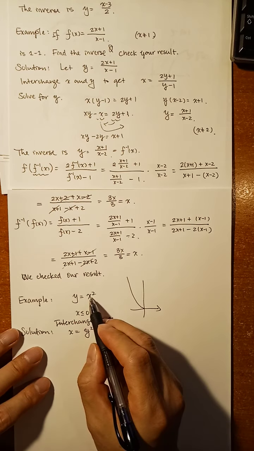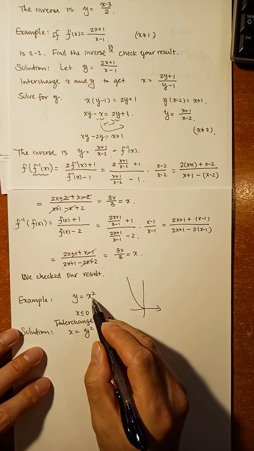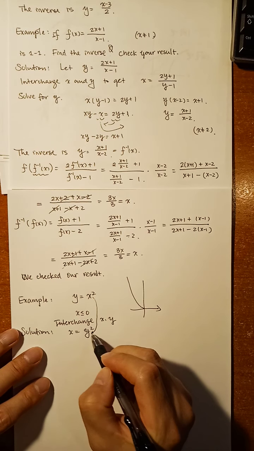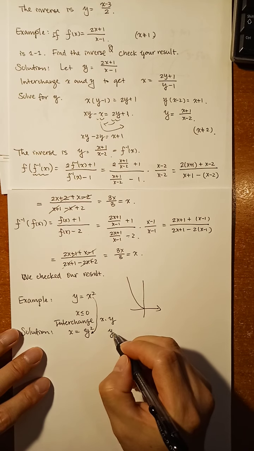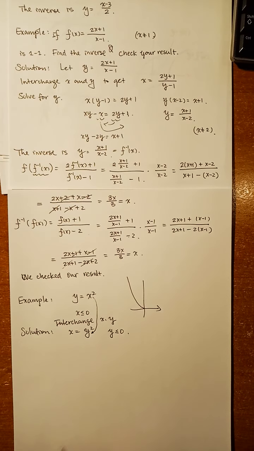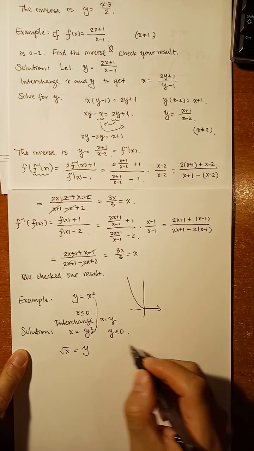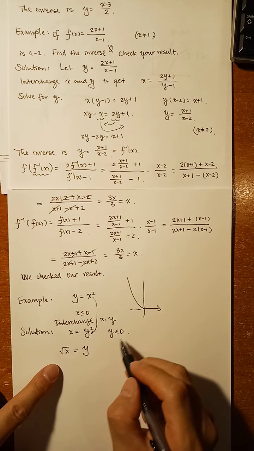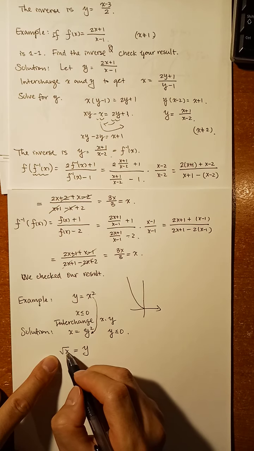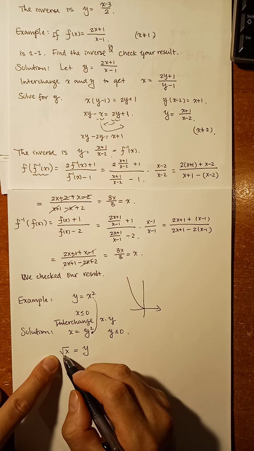Remember that your x position is actually the y position. So here your y is less than or equal to 0. When we take the square root, you have to guarantee that your y is less than or equal to 0. But a square is only greater than or equal to 0.